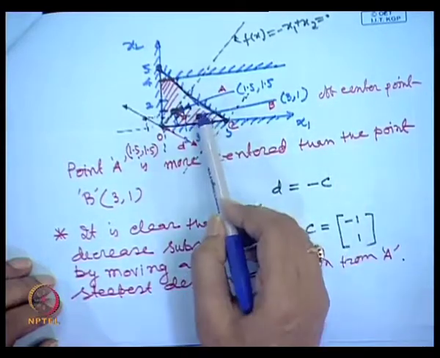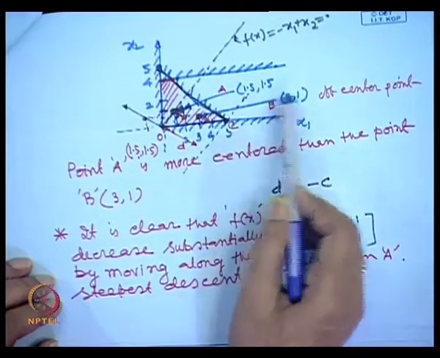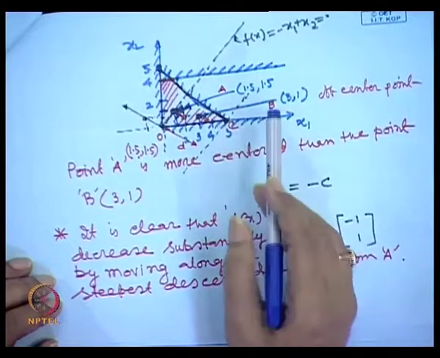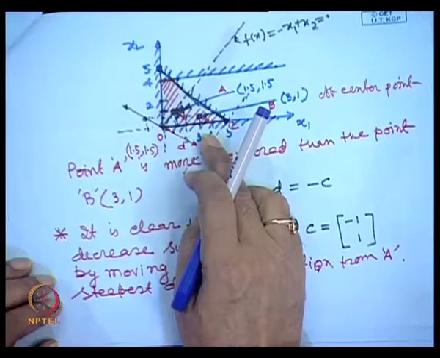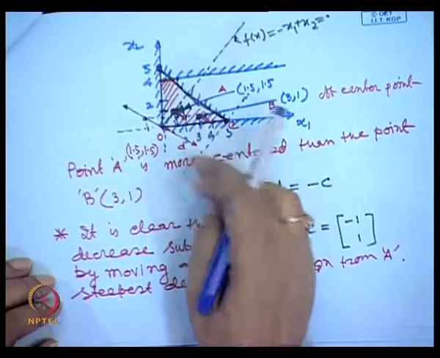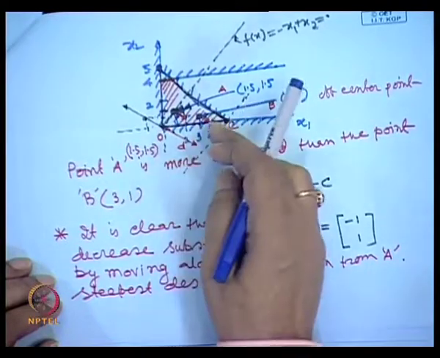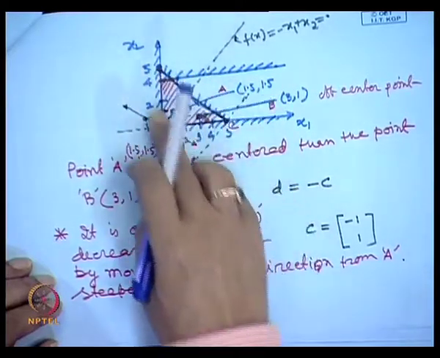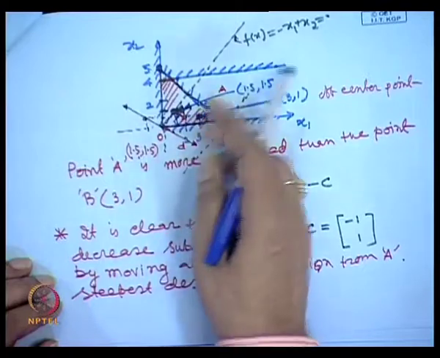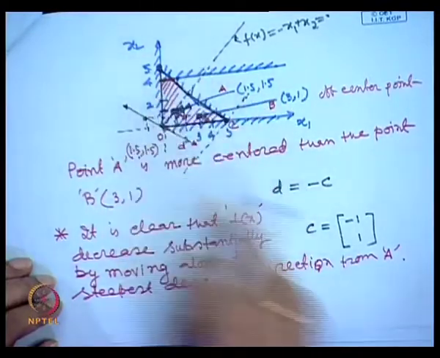If you start the process with the off-center point B, then you will see we are moving towards one side of the wall. Agree? So, we end up on the border of the feasible region. It is not an interior point, it is on the border of the feasible region.